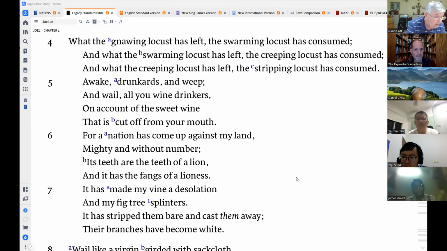All right, thank you. So what's the image, or images, that are presented here? What do we see here in Joel? What's being described as he begins in verse 4? Pastor Philip, I'll ask you first since you read the text.